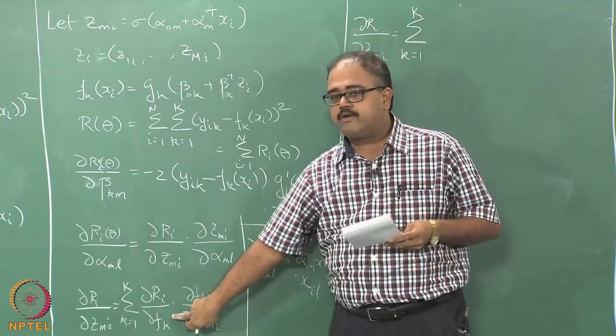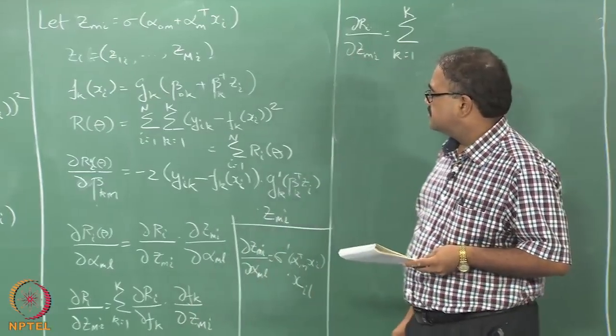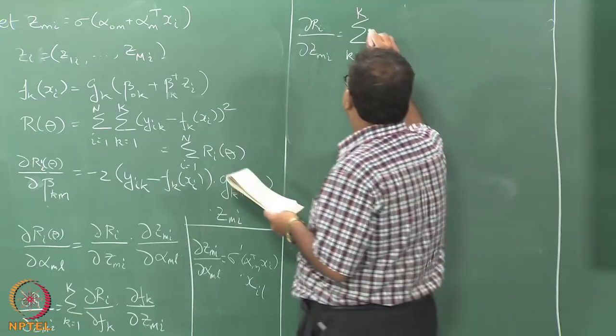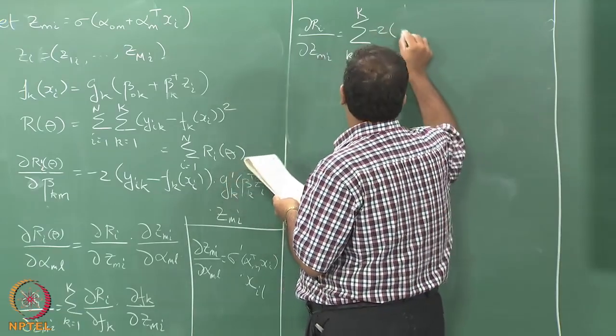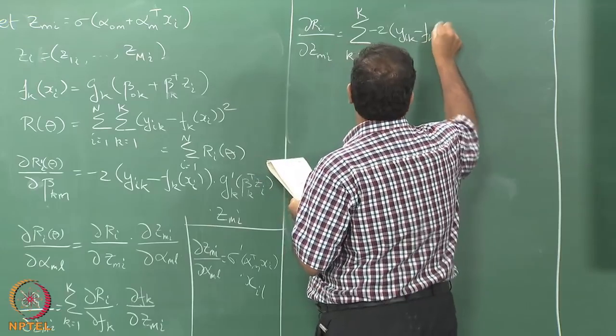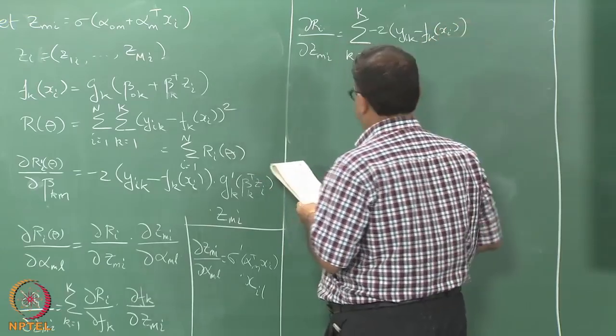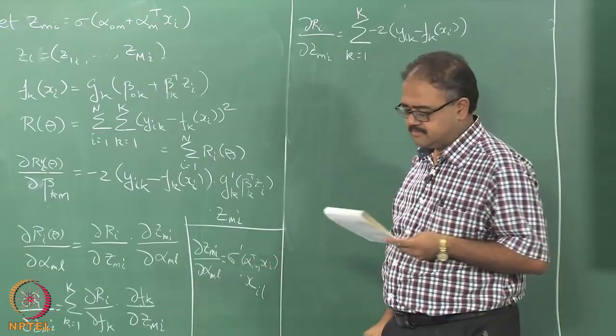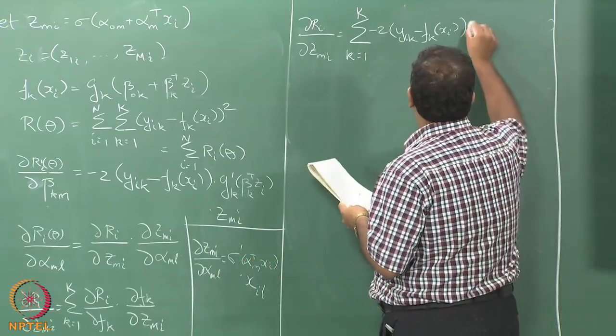So, what is dou R_i by dou f_k? Dou f_k by dou z_mi, you should be able to rattle it off.